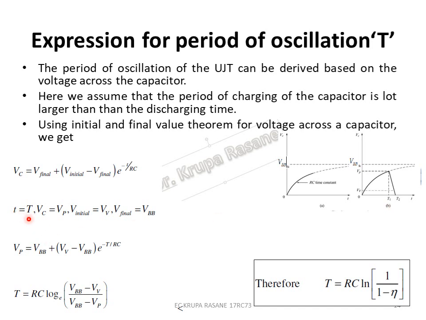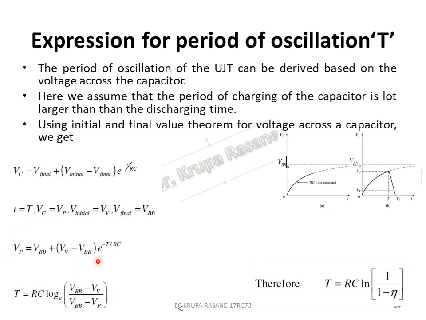So we have t equal to capital T, Vc equal to V peak, V initial equal to the valley voltage VV, and V final equal to VBB. If I substitute, I get V peak equals VBB plus (VV minus VBB), initial minus final, times e to the power of minus capital T by RC.